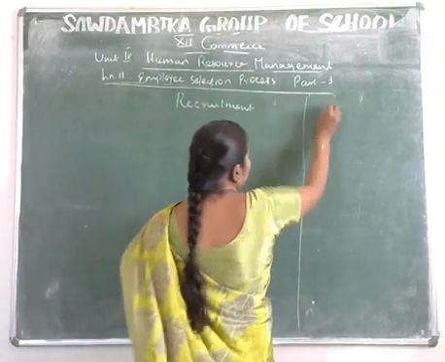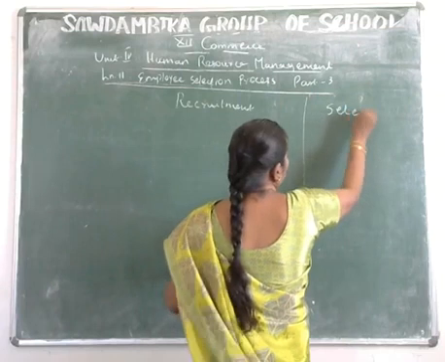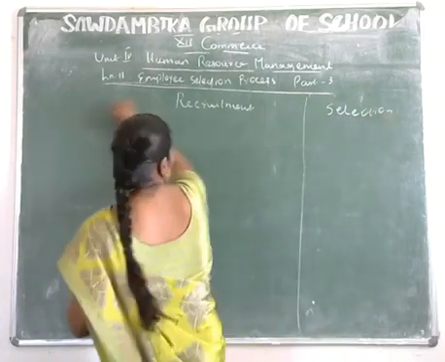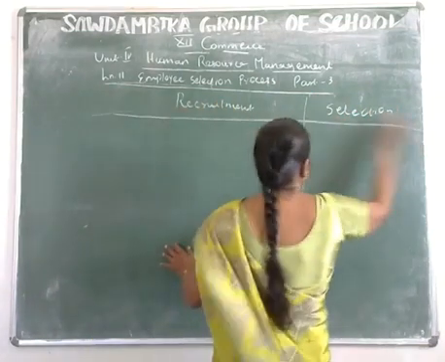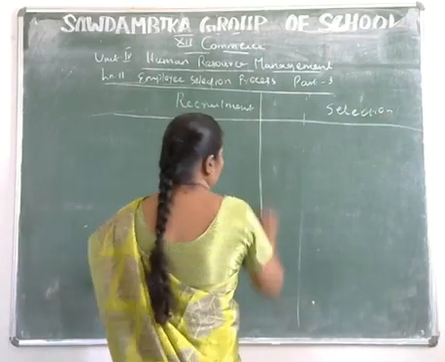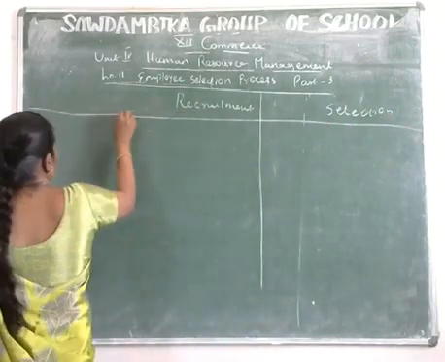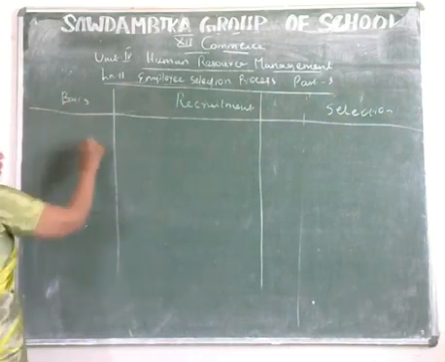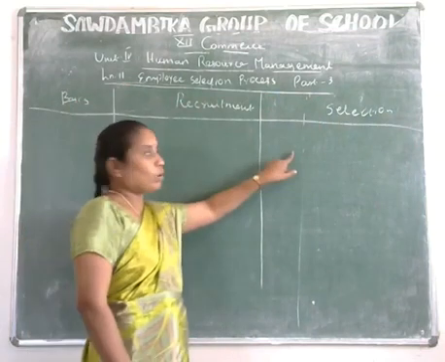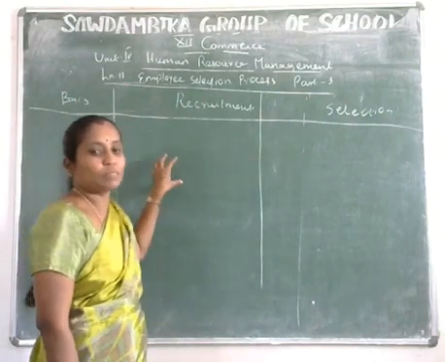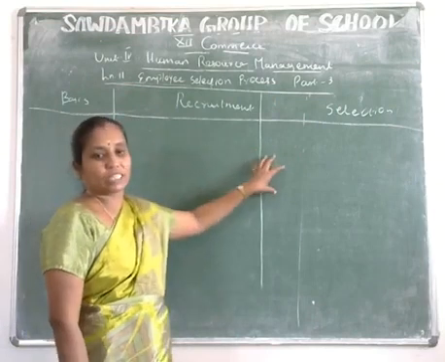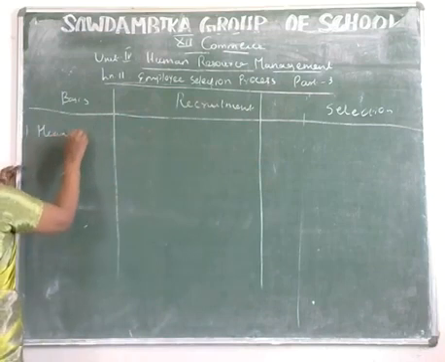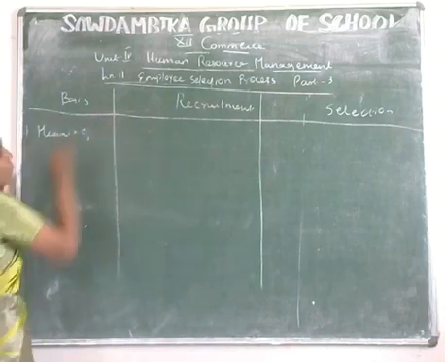The first column is basis, the second column is recruitment, and the third column is selection. The first basis is meaning.